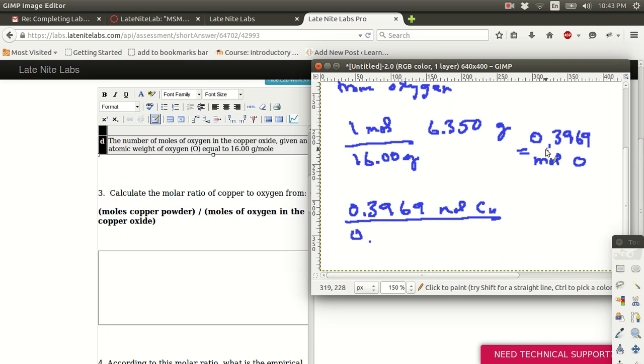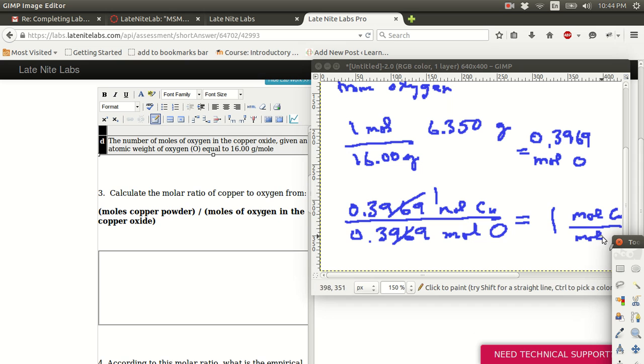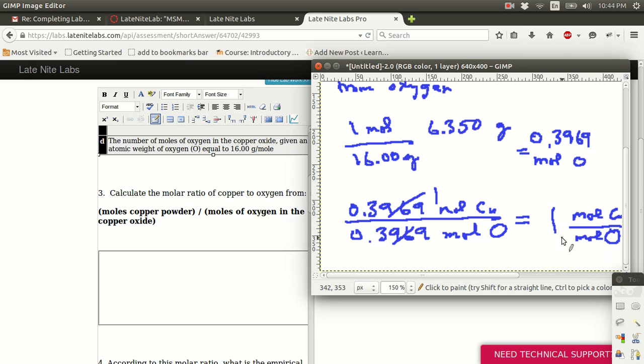You see over here I have 0.3969 moles of oxygen. Okay, so what does that mean? Well, when I do the division, of course, these cancel and I get 1. So the mole ratio is 1 mole of copper per mole of oxygen. So this mole ratio is 1.